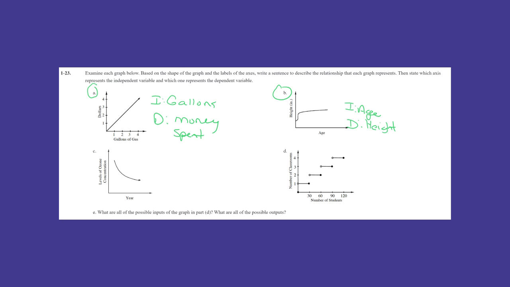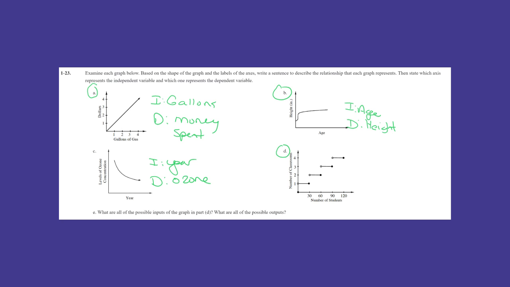This next one on C is, as time goes by, the ozone concentration does go down. So the year is independent, and dependent is the ozone. And D is interesting.